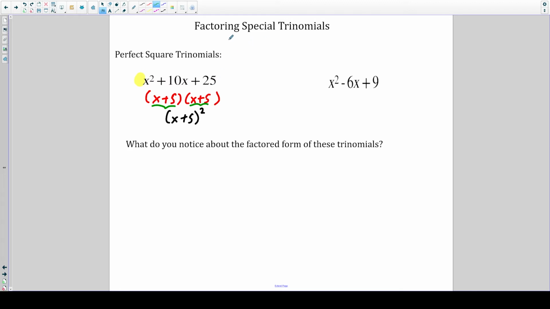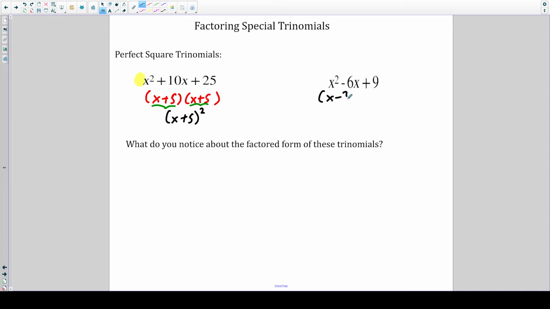Think back to a case where if we have something like 4 times 4, we can represent this as 4 squared. So we can represent x plus 5 times x plus 5 as x plus 5 squared. As a result, because we can express this trinomial as a perfect square, we can call it a perfect square trinomial.